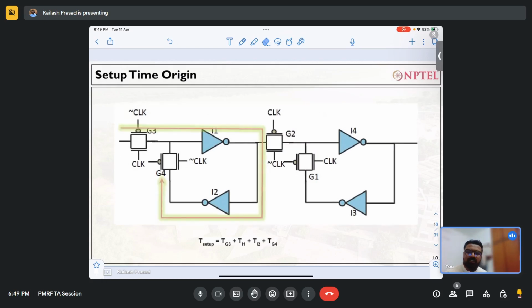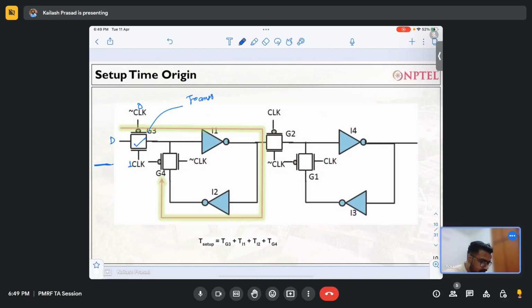So the question is where the setup window is coming from. If you can see over here, when the clock was 1, this is on because the clock is 1, here it is 0, so this is on. And you know that this is a transmission gate.